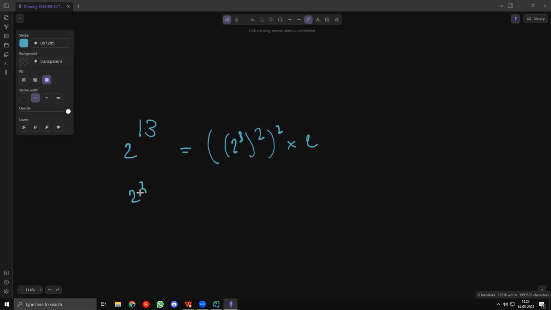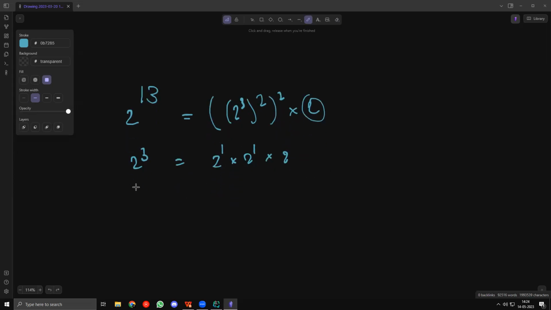Well, for that, let's figure that out again. 2 to the power of 3 squared. Well, let's first calculate 2 to the power of 3. That would be equal to 2 to the power of 1 into 2 to the power of 1 into 2 to the power of 1, right? Or basically into 2. And 2 to the power of 1 is equal to 2 to the power of 0 multiplied by 2, right? Because this is just by 2 again.